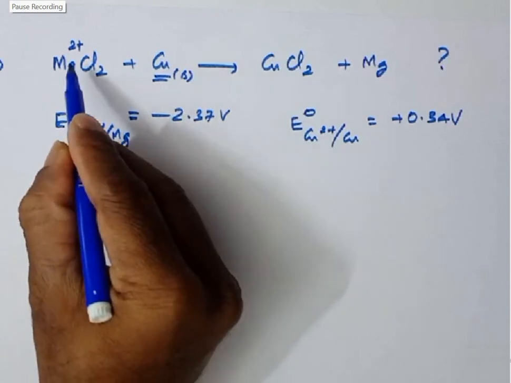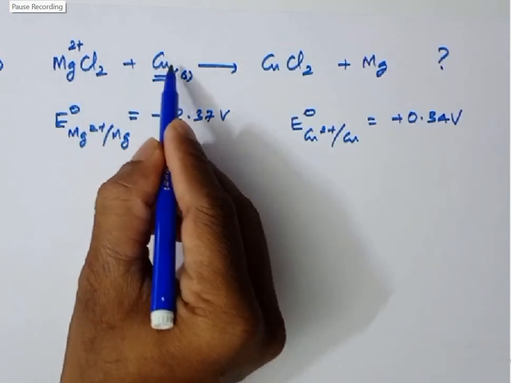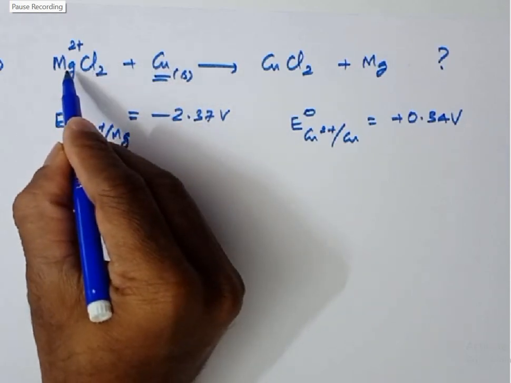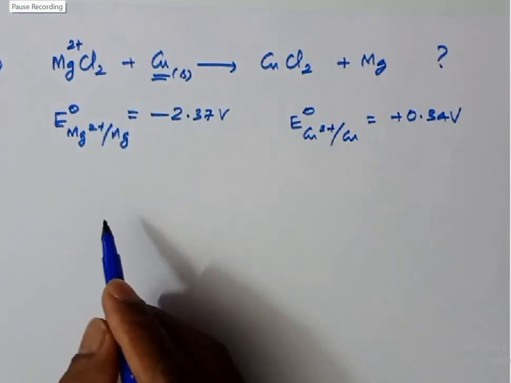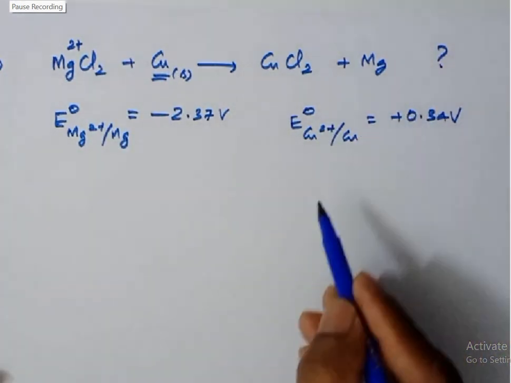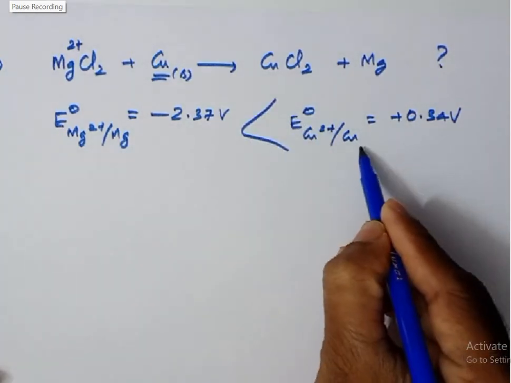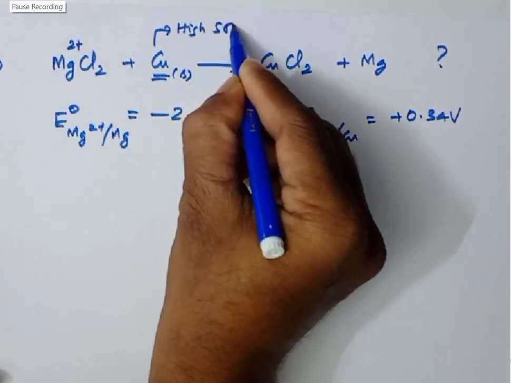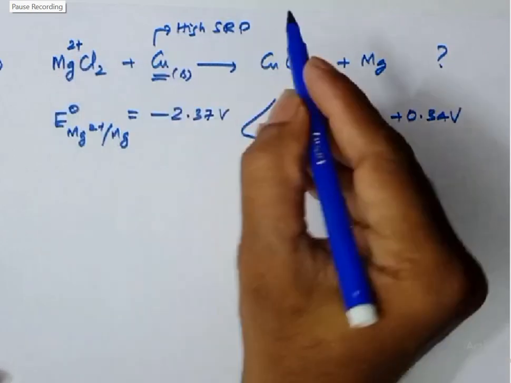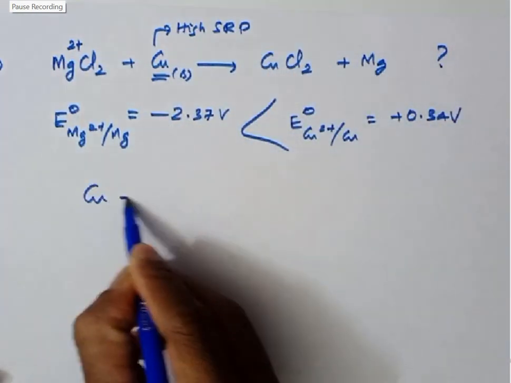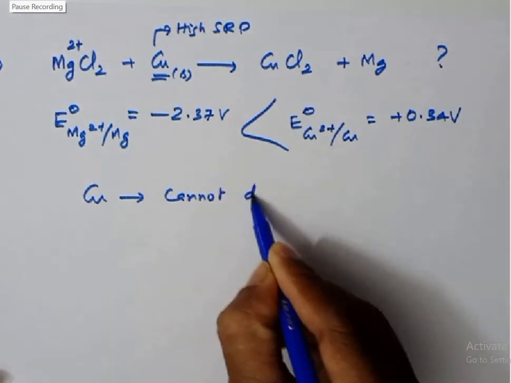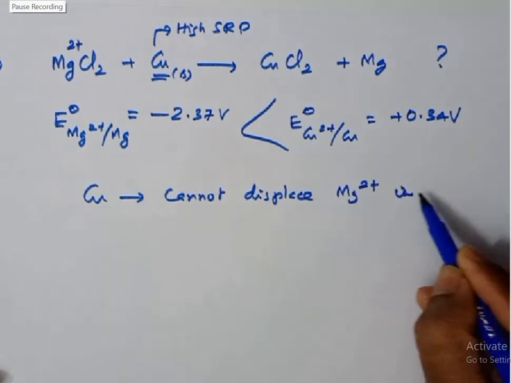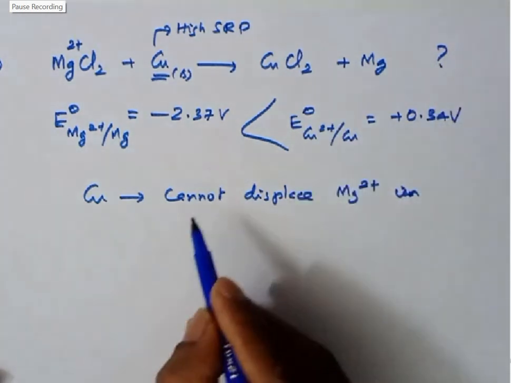If the SRP of the metal is lesser than the SRP of the ion, then it will react. But here this value is positive, so this reduction potential is high. If the metal has high SRP, it cannot displace the ion. Therefore copper cannot displace Mg2+ ion, and this reaction does not occur.